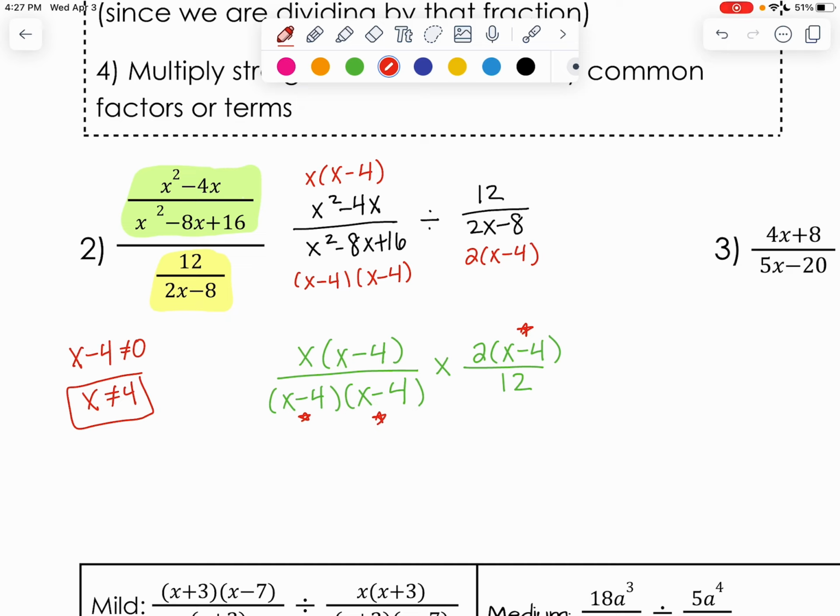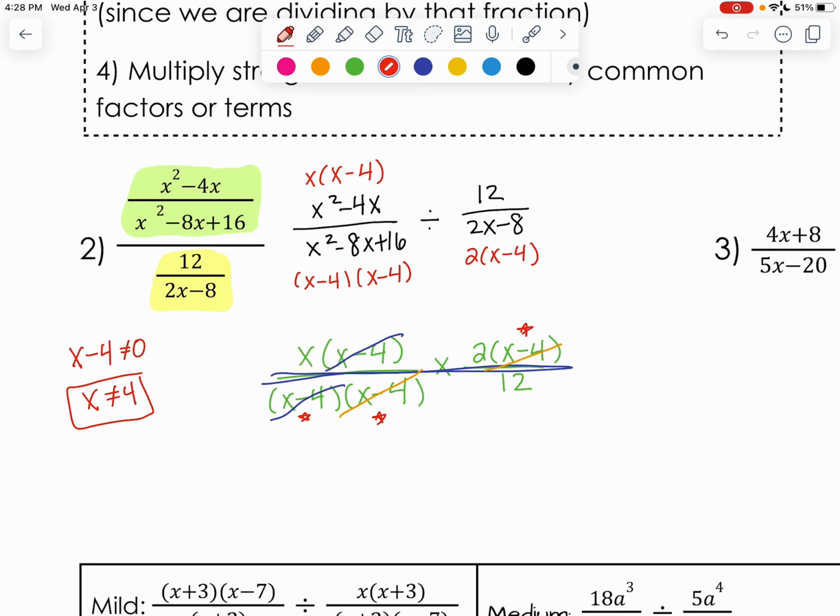And now we're going to multiply straight across. We can make this one big fraction and start to simplify any factors in common. So I notice an x minus 4 pair. Those cancel. I notice another x minus 4 pair. Those also cancel. I'm left with x and 2 in the numerator and then 12 in the denominator.